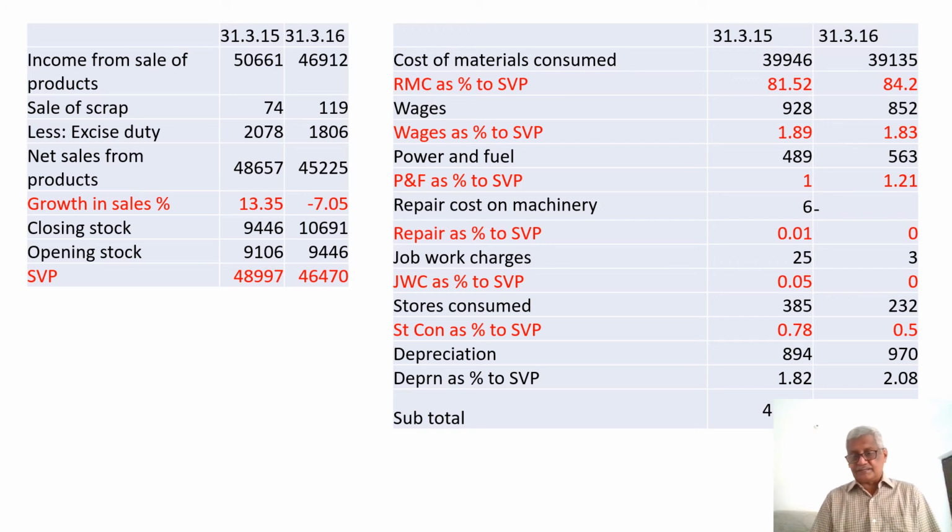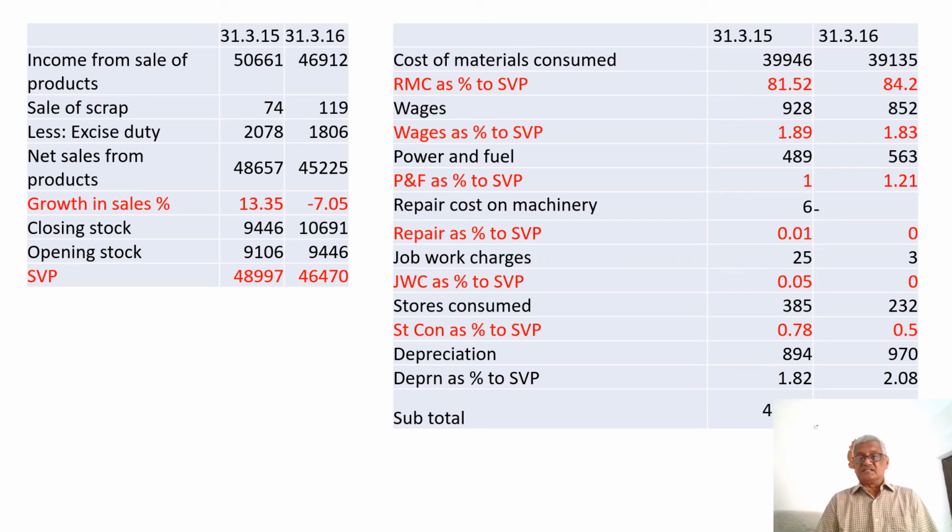That could be one reason. The second reason could be there was a mismatch between the increase in input cost and the increase in selling price. That could be also one. So as a credit appraisal officer, we need to understand that.